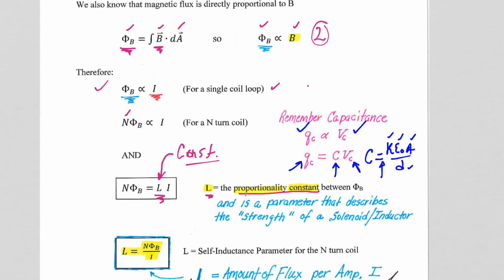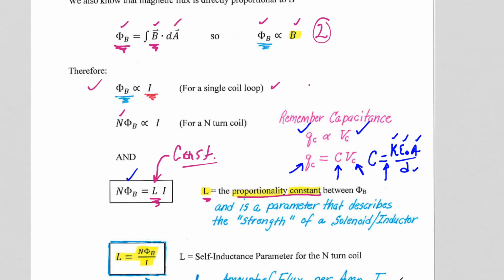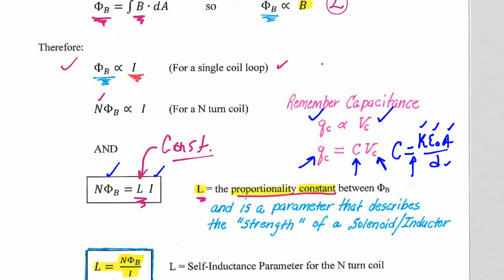Flux can change, current can change, but L can only change if we swap out the inductor or the solenoid. So a solenoid slash inductor, it's the same. The words are used interchangeably.